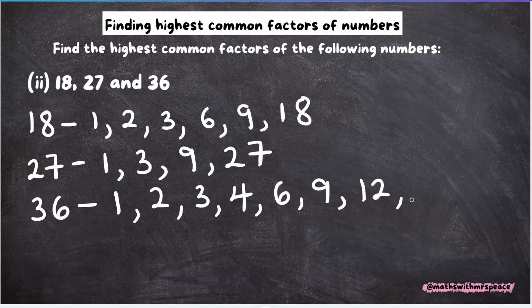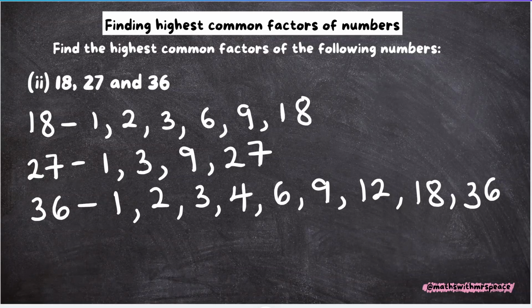So let's identify the common factors between these three numbers. And when you are dealing with more than two numbers, you pay close attention and make sure that you select a factor that is common to all three of them and not just two. For example, you can see that 2 is a factor of 18 and 2 is a factor of 36.